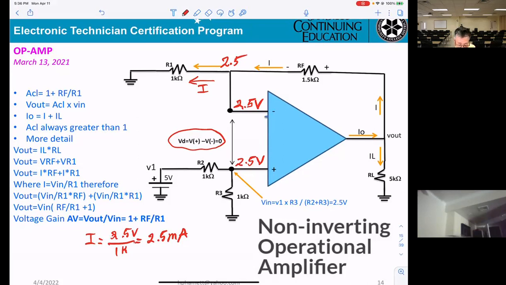They prove that formula. If you get the gain, first thing you know, VL equals ACL times Vin. And also IL equals I plus IL. Again, now, if you get the current I here, basically it's not coming from the negative terminal here. It's coming from this way.